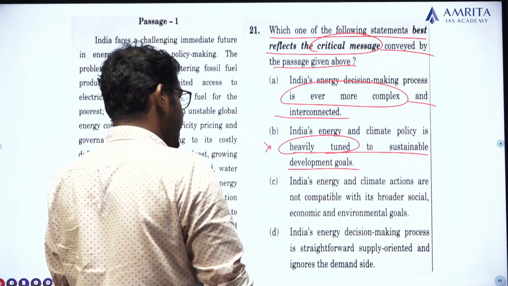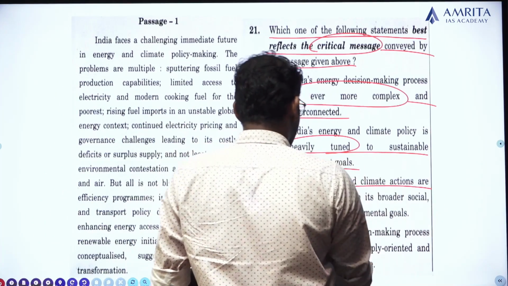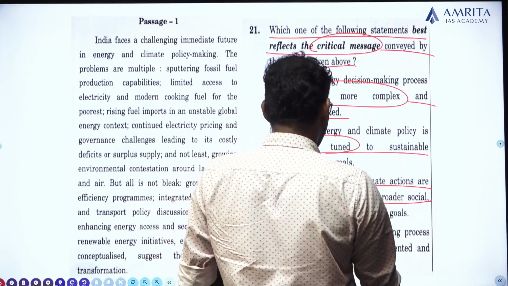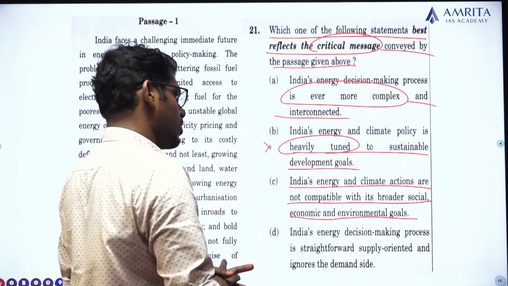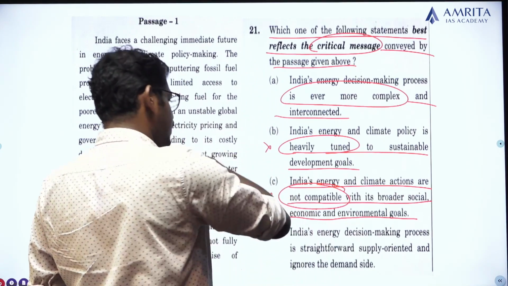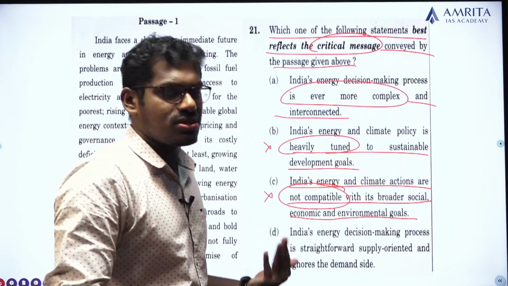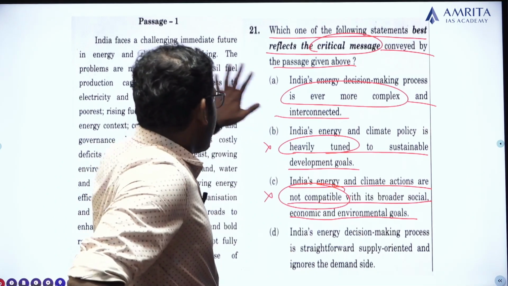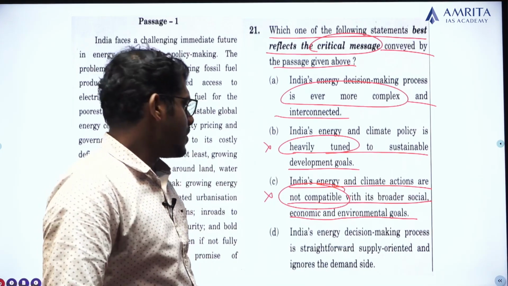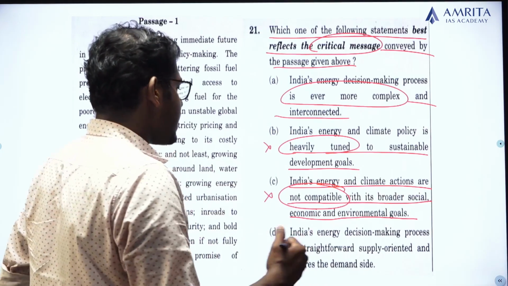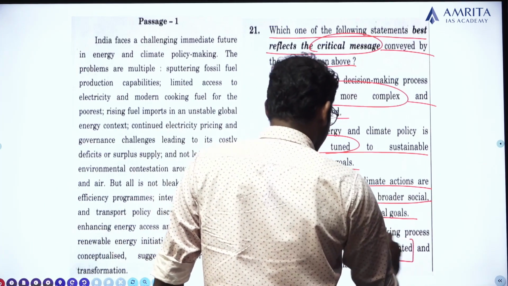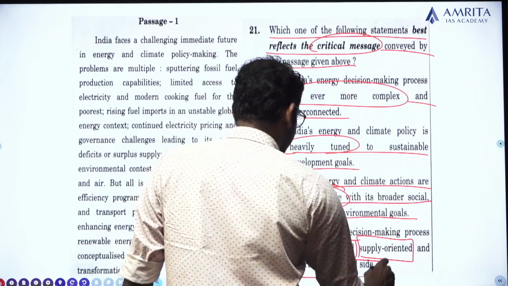India's energy and climate actions are not compatible with its broader socio-economic and environmental goals. UPSC may not choose such an idea, or the passage which UPSC has given to you will not convey such an idea. So the third statement is incorrect. India's energy decision making process is straightforward, supply oriented and ignores the demand side.